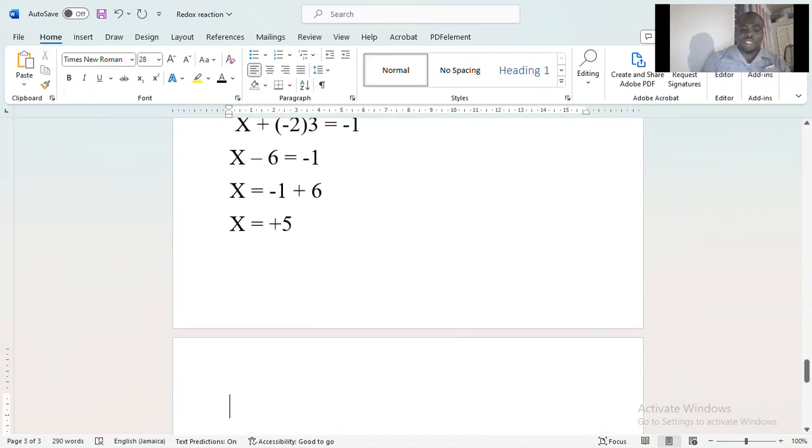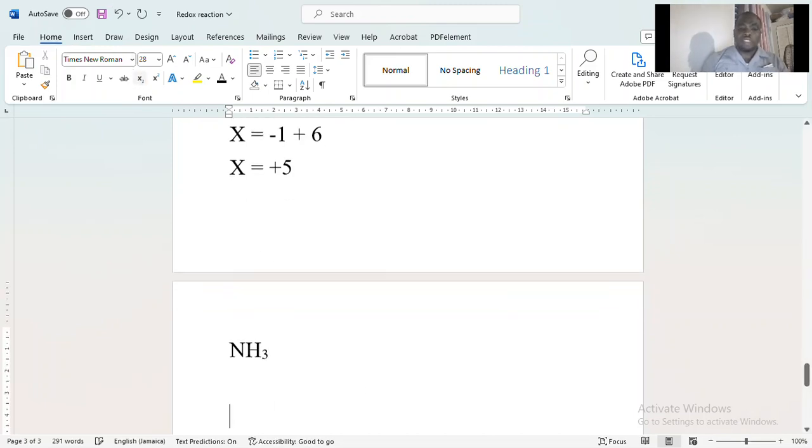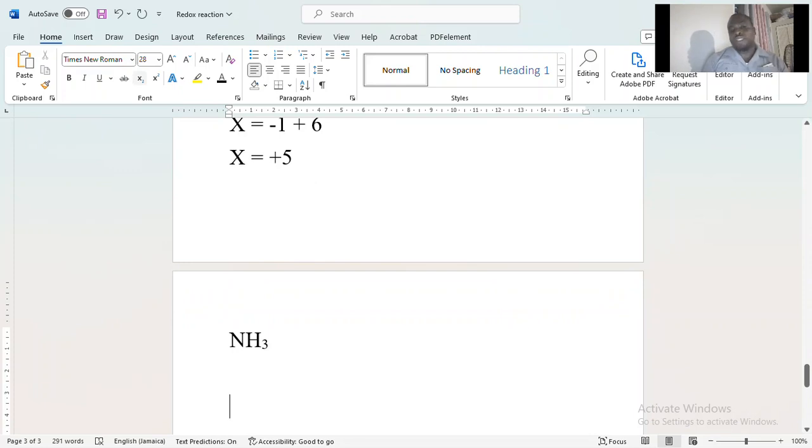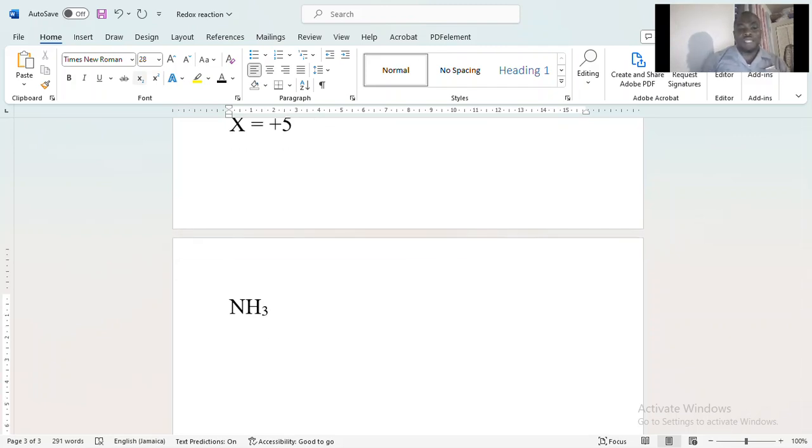So nitrogen, trying this again, we have this popular compound called ammonia. So let's do this. Ammonia in this case is a neutral compound. And right away, maybe some persons are able to just look at this and know that, hey, nitrogen right here is a -3. If you're not able to do that, you can go back to the working. Work from what you know. This time we're not dealing with oxygen.